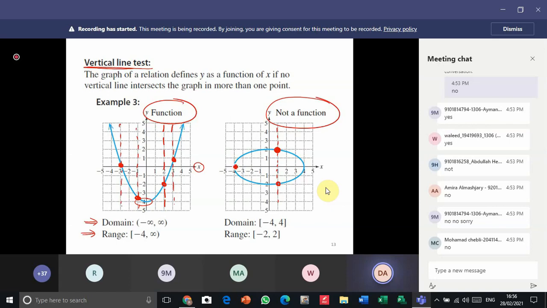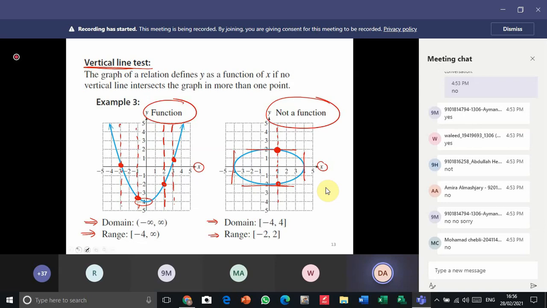So we have the value of x from -4 to 4, and the range, the value of y, from -2 to 2. Okay, so we can find the range and domain for a relation, but the domain and the range we can also find for a function.